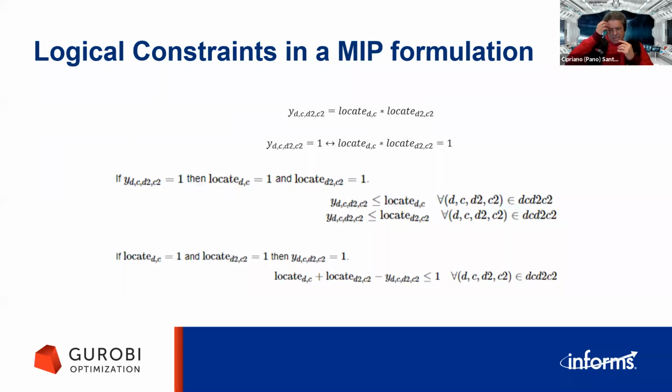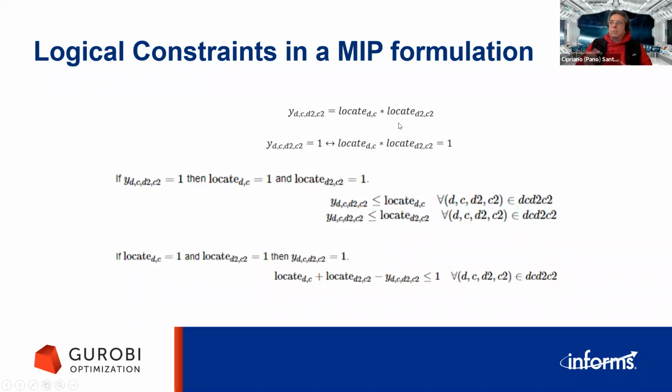So just some comments here. Traditionally, this quadratic assignment problem can be linearized using a MIP formulation, and I'm not going to enter the details. I bet that most of you know this formulation. Essentially, you need to add artificial auxiliary variables that you can call Y, for example, that express the product of binary variables.